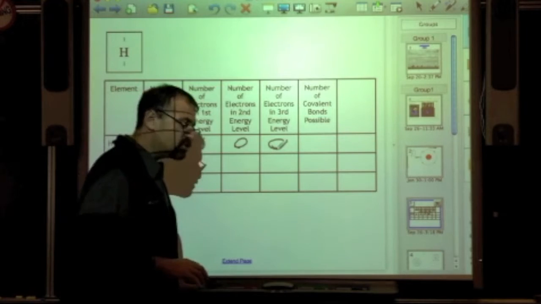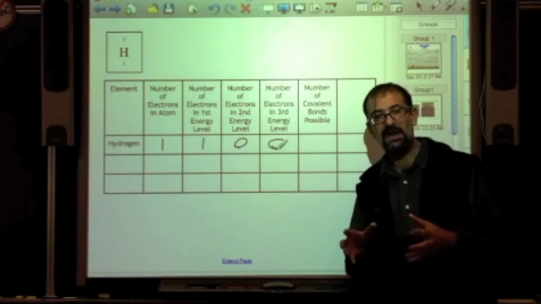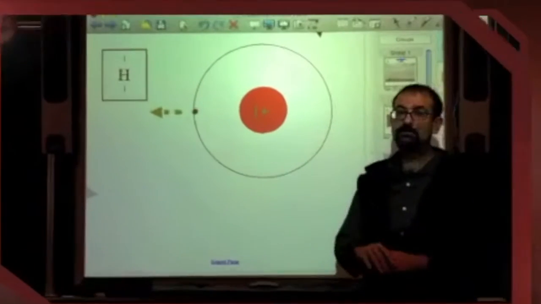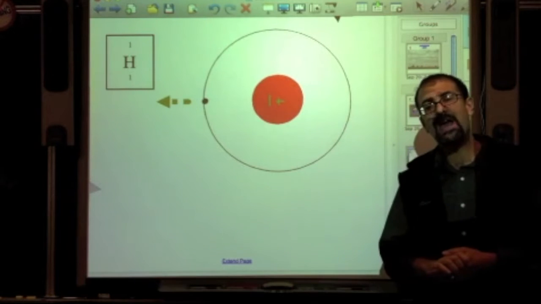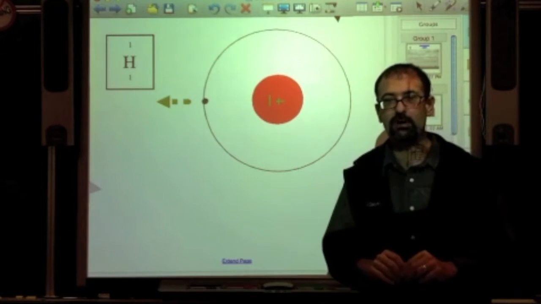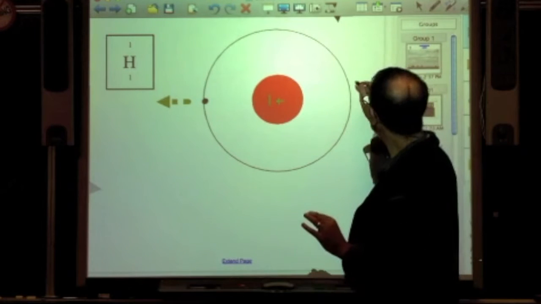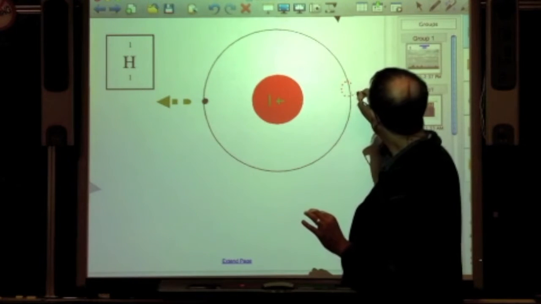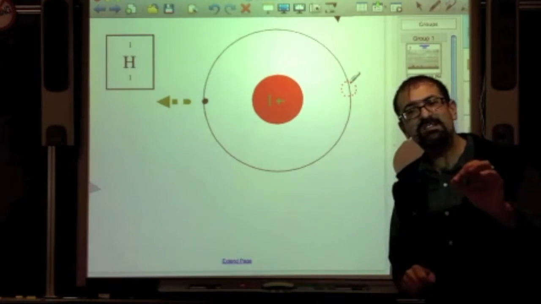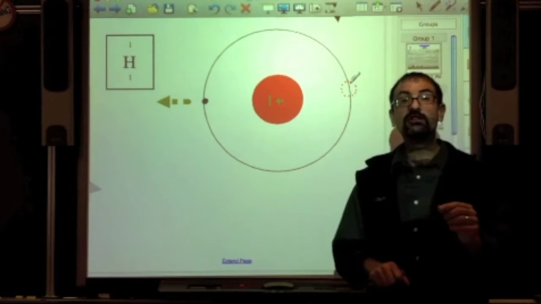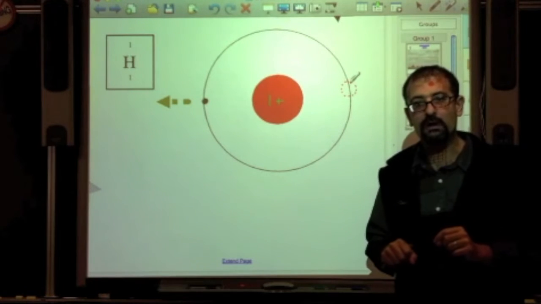And then the last question asks us, how many covalent bonds can this atom make? For the hydrogen atom, it turns out that this shell can hold a maximum of 2 electrons. So what that means is that there is a vacancy here on the first shell, and that vacancy tells us, hey, hydrogen can make 1 bond because it's looking for 1 electron.